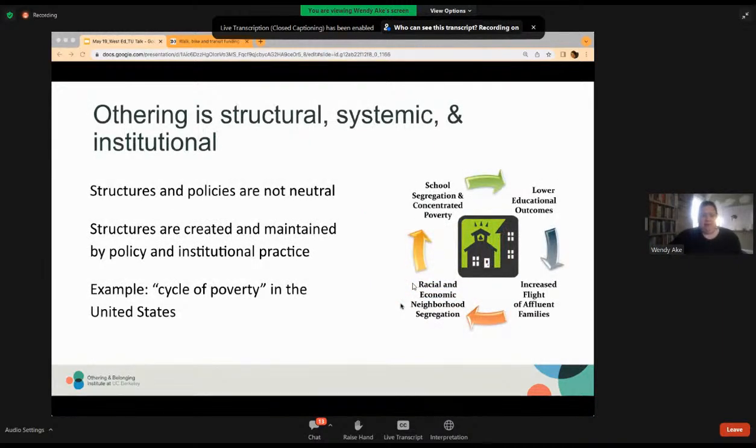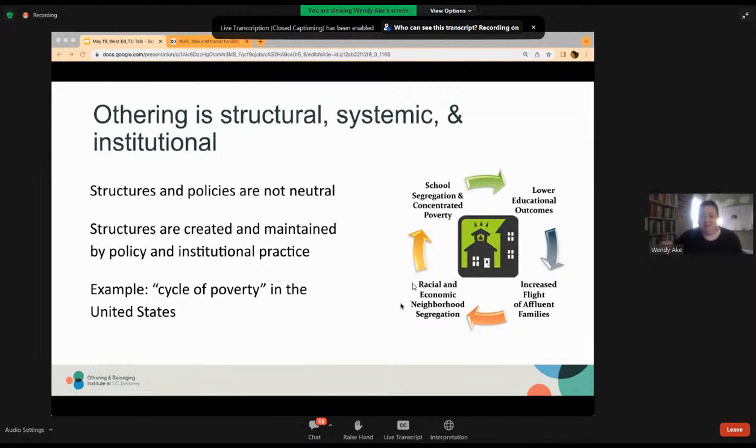We emphasize that othering is structural, systemic, and institutional. We can talk later, if necessary, about what those three different things are. But roughly, they mean structural change in the language that we talk about equity. Structures and policies aren't just there in the background, they're doing a lot of work.